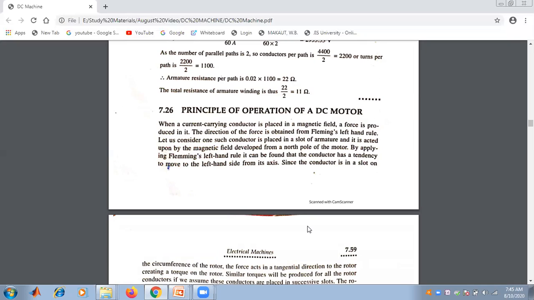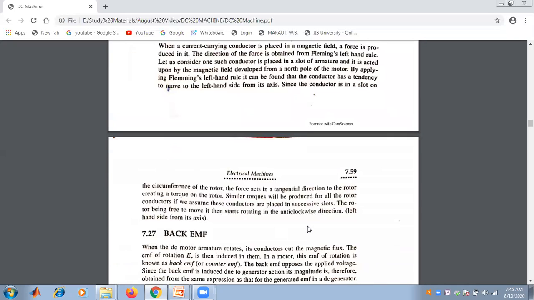If I apply Fleming's left hand rule, it can be found that the conductor has a tendency to move to the left hand side from its axis. Since the conductor is in the slot on the circumference of the rotor, the force acts in a tangential direction to the rotor, creating a torque on the rotor.